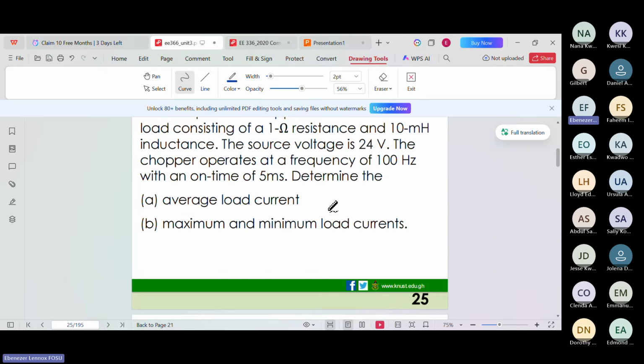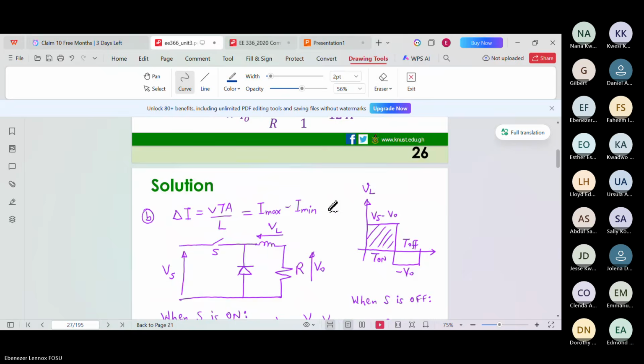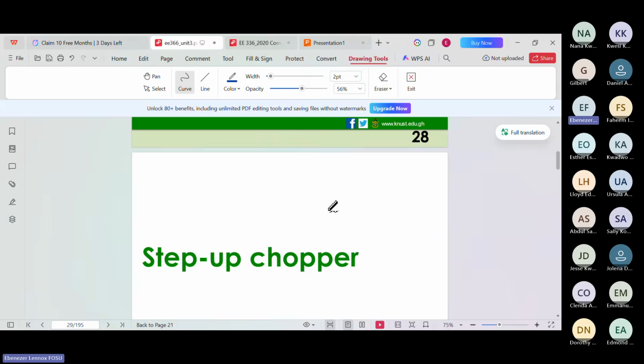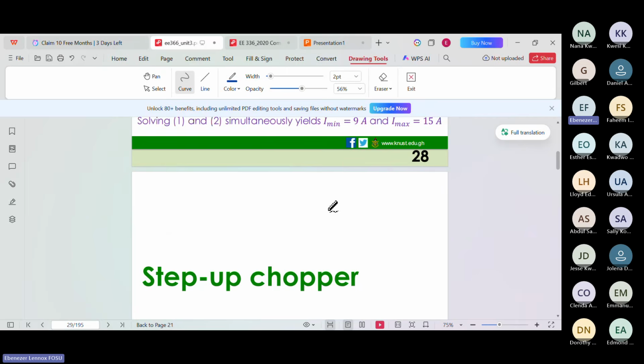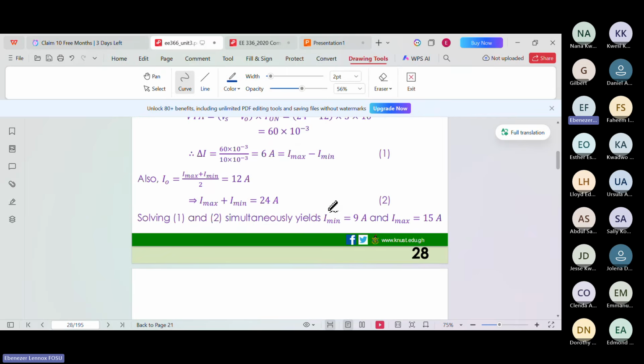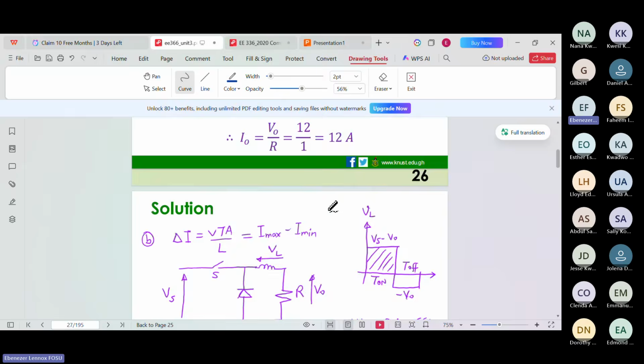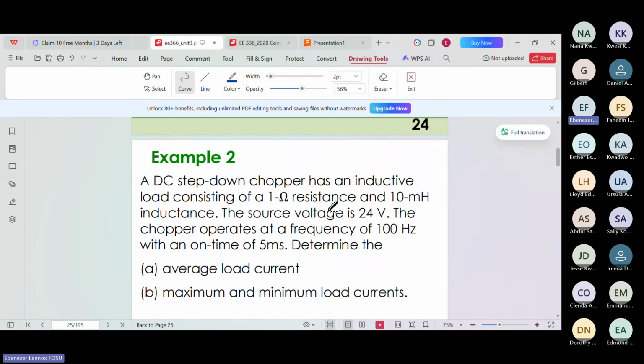Okay, so I will skip the example. Let me see. Okay, so let's solve an example on this so that we can understand better how to go about solving it. You can choose the diagrams, which is good, but always pay attention to what you are given in the question.